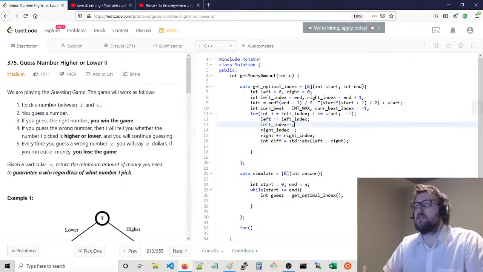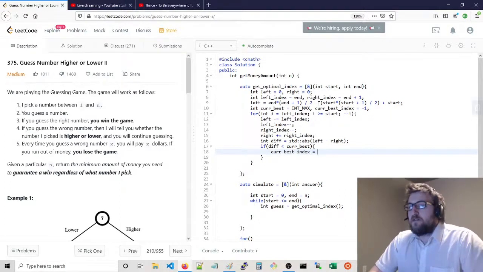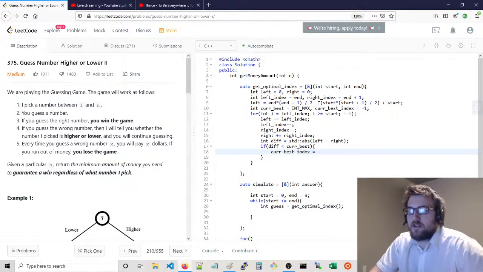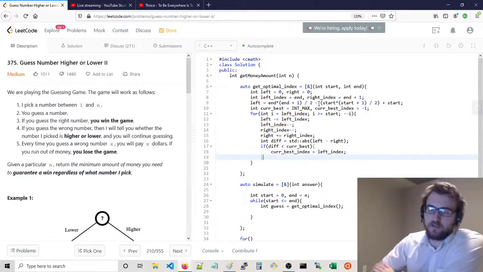We'll say if difference is less than current best, we're going to update the current best index to, I want to say the left index is what we want. Yeah. And it doesn't really matter which one you guess.